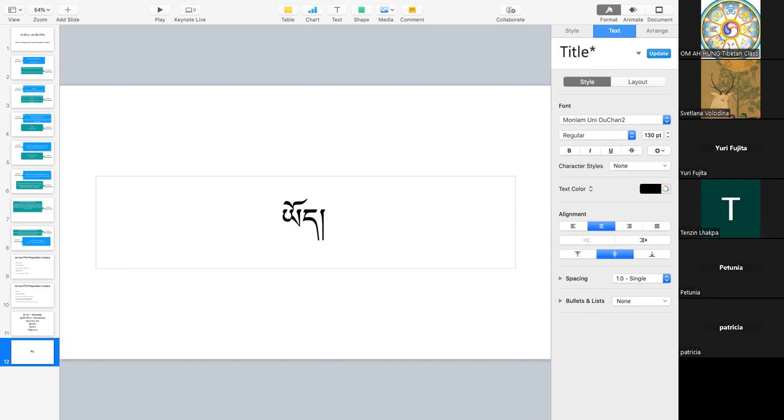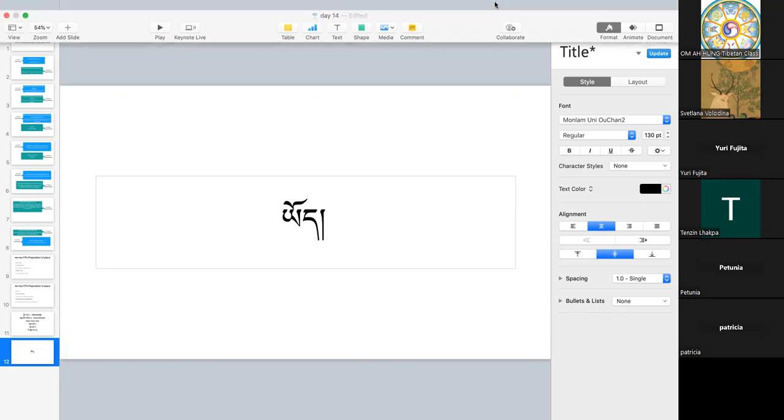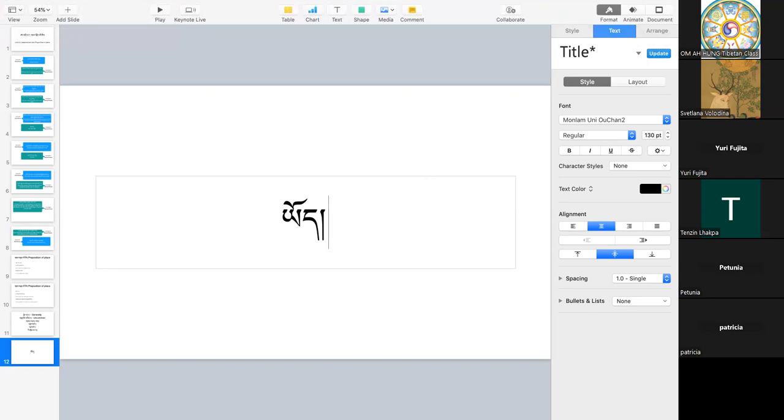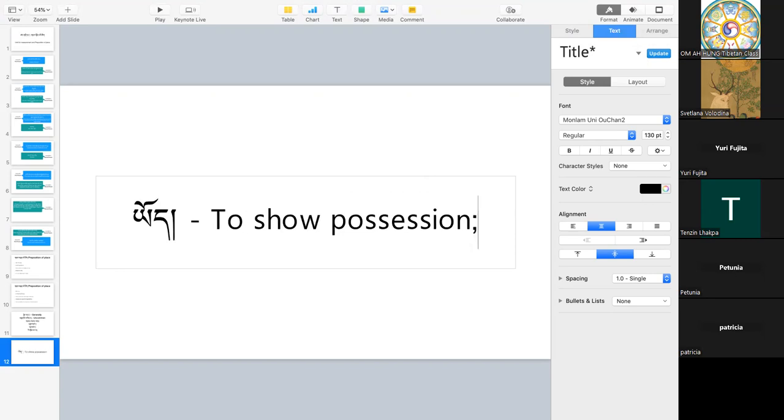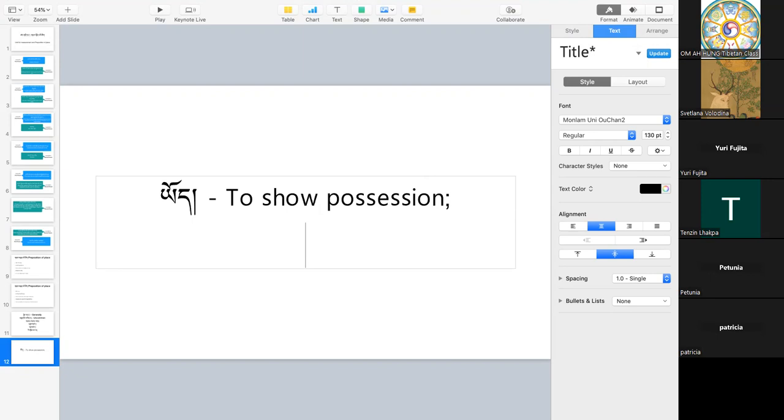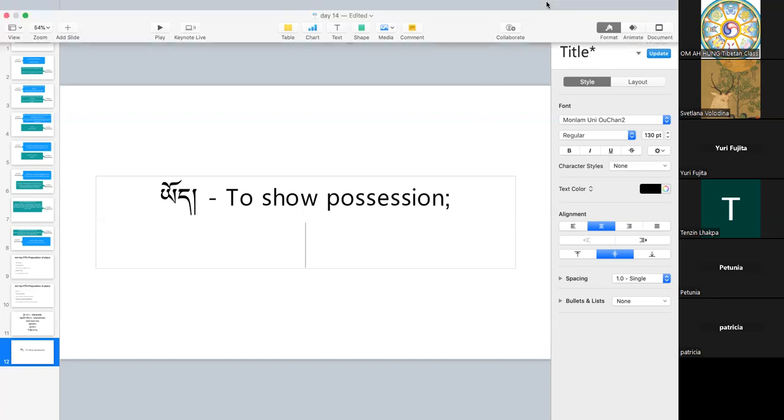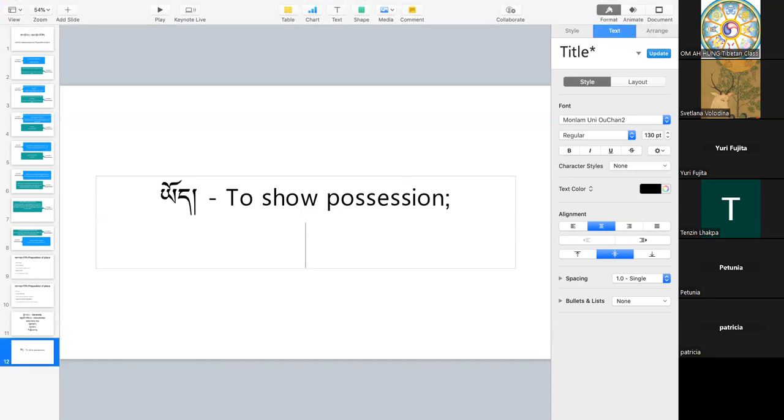So when we use it in the context of possessing something, where we say this person has this or that, to show possession, then we understand that if we want to say someone has this, we say it this way.